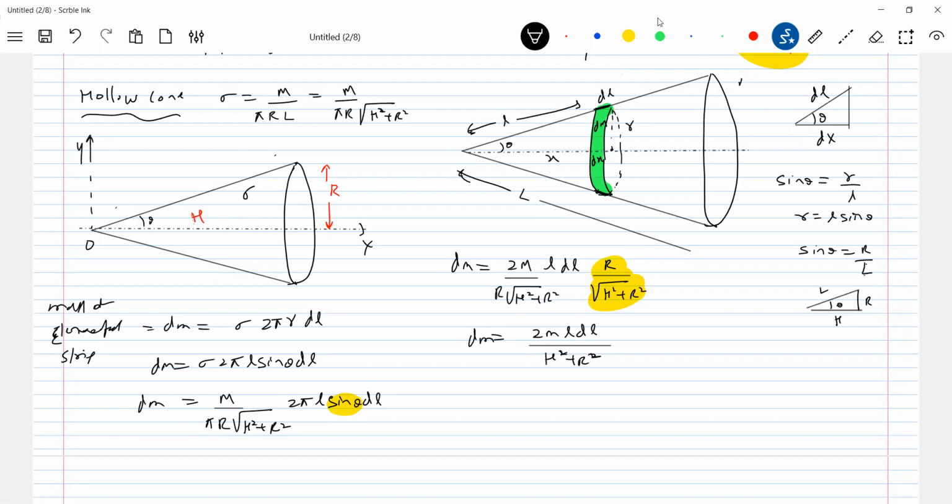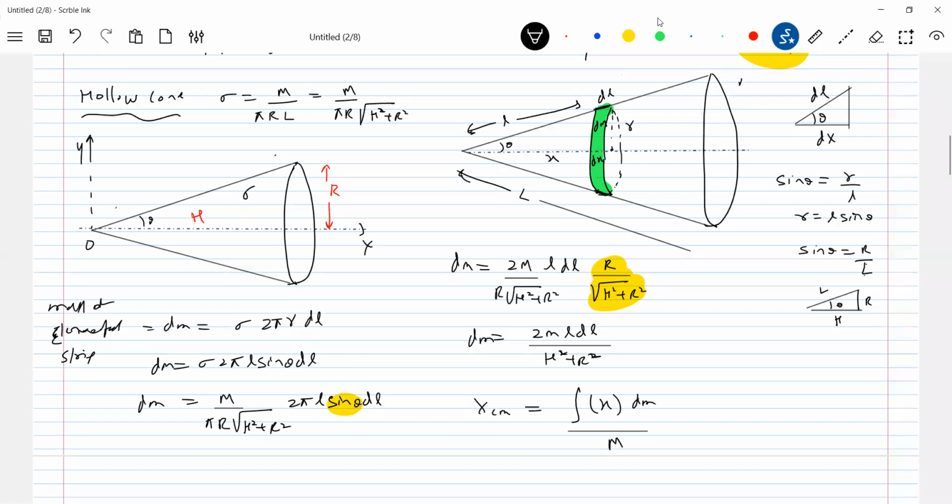Now we'll define the center of mass of this system, XCM. What should be the definition? XCM should be equal to the integral of x, the distance of the center of mass of this elemental structure, times dm, divided by total mass.